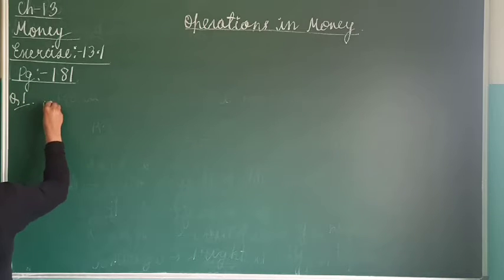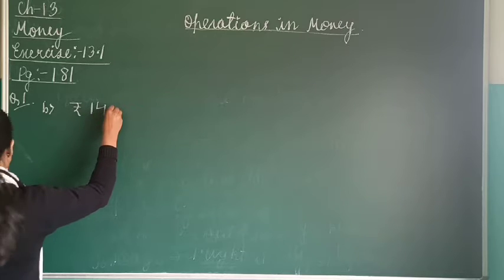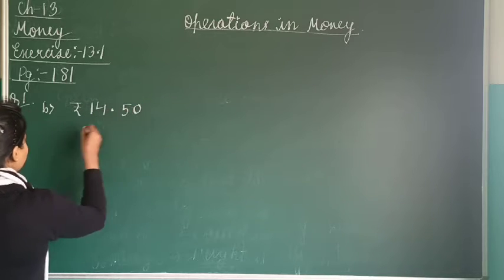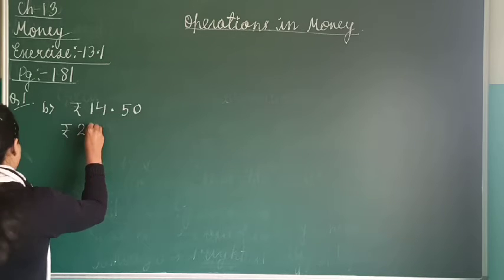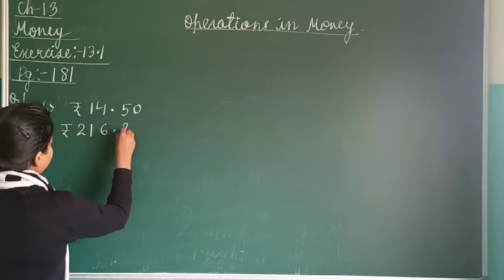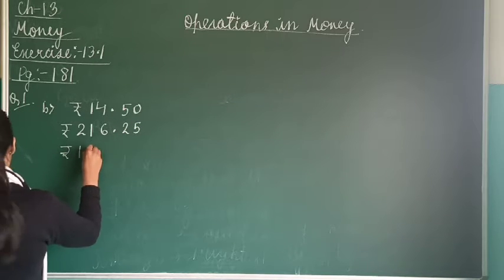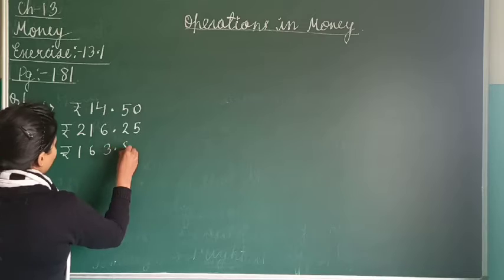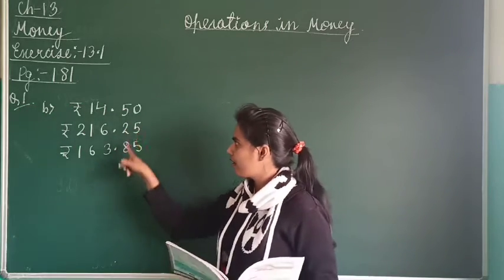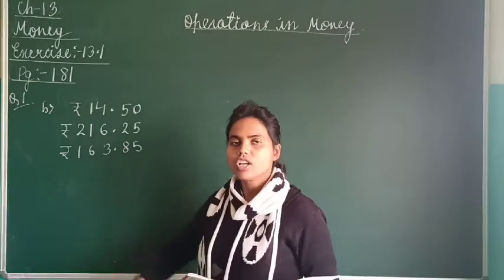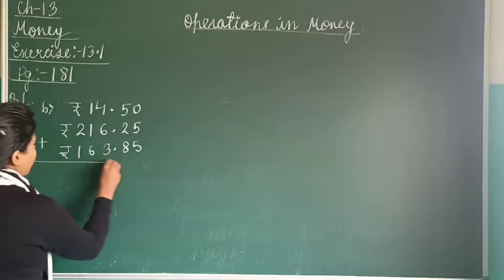We are solving rupees 14.50, rupees 216.25. One thing you will see, all the numbers are arranged in a proper line, so that you avoid confusion. Now let us add it.